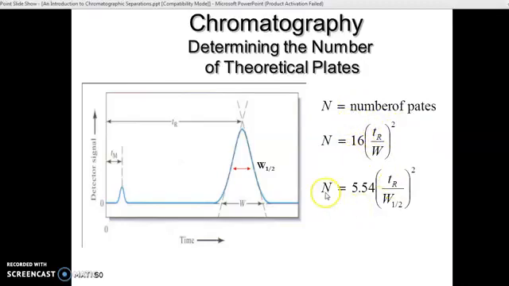squared. So N is 5.54 TR, but this is the half width. These two formulas are what you use to easily calculate the number of theoretical plates.